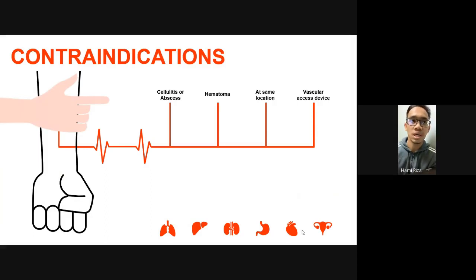Last but not least, if our patient has undergone mastectomy, the arm on the side of the mastectomy must be avoided from being venipunctured, because there is a risk of this patient developing secondary lymphedema in the extremity if the lymph nodes are removed together during the mastectomy.